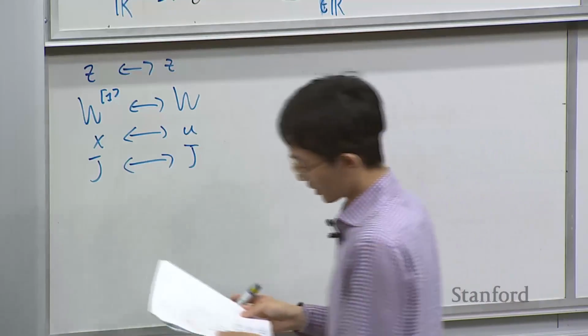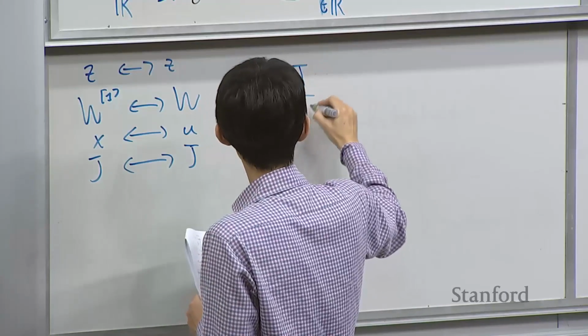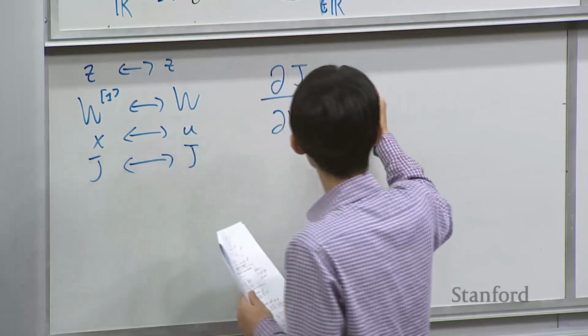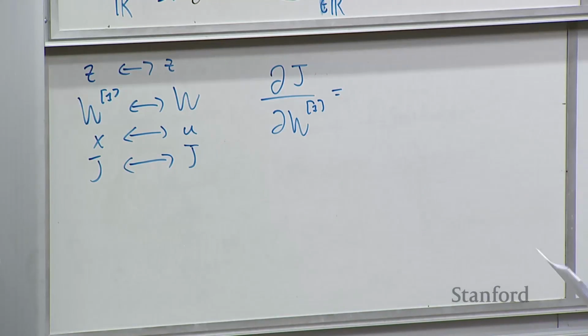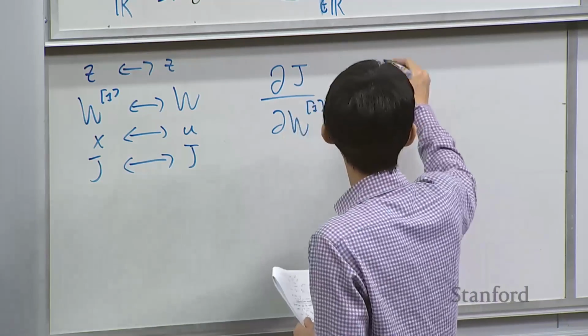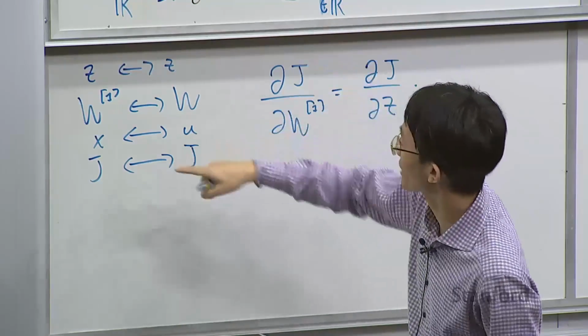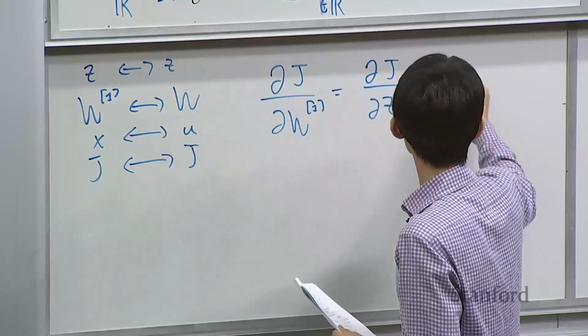And after I use this abstraction, what I get is that dJ over dW1 is equal to dJ over dz times u transpose, which will be x transpose.